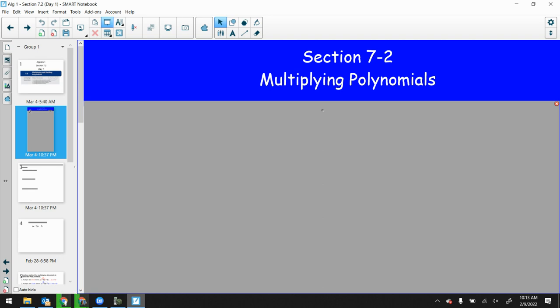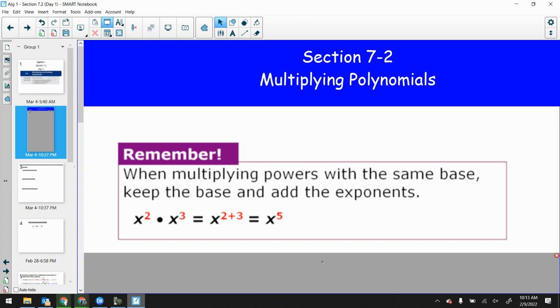Now, to start this, we need to remind ourselves of this fact. If you multiply 2 like bases, multiply, not add, like if you had x squared times x to the third. Remember, our product property says that you would add those exponents together, correct?